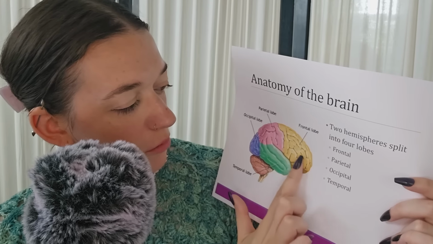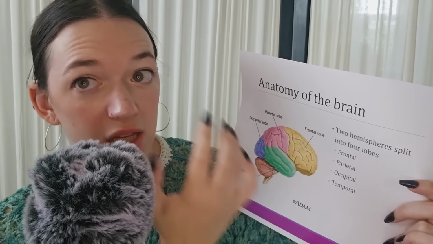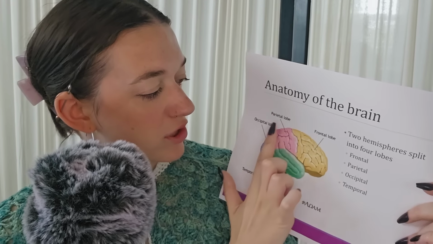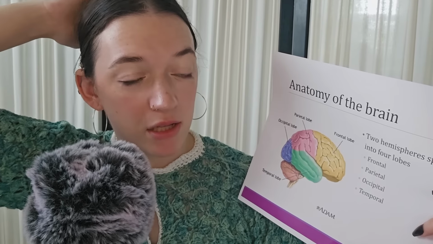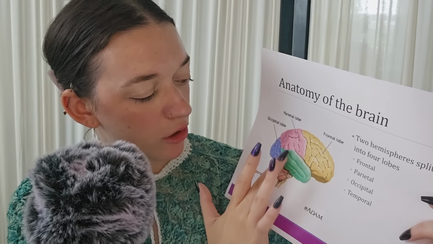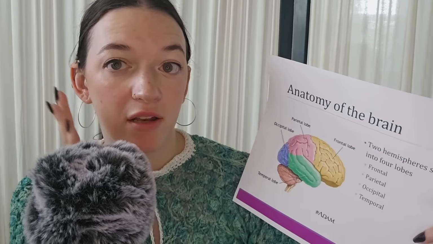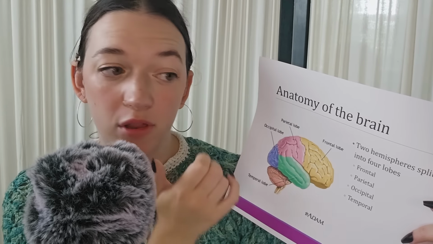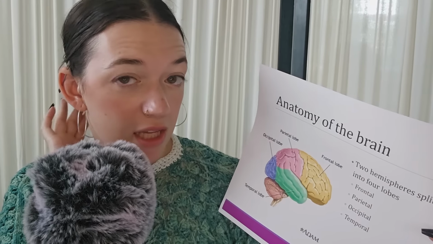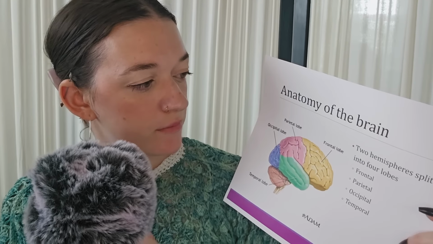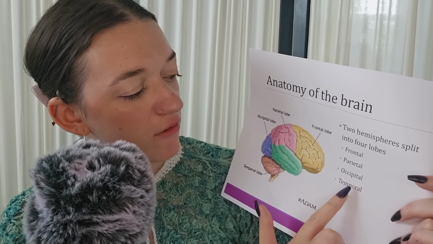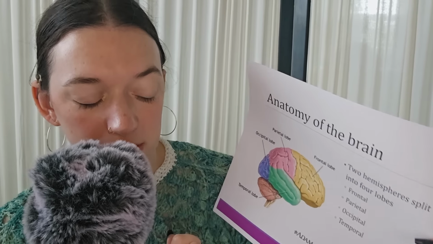The frontal lobe, which is of course in the front part of the brain, the parietal lobe, which is located kind of in the middle part of the brain, the temporal lobe, which is located on either side of the brain, and the occipital lobe, which is in the back of the brain. So there are 2 hemispheres with 1, 2, 3, 4 different lobes.